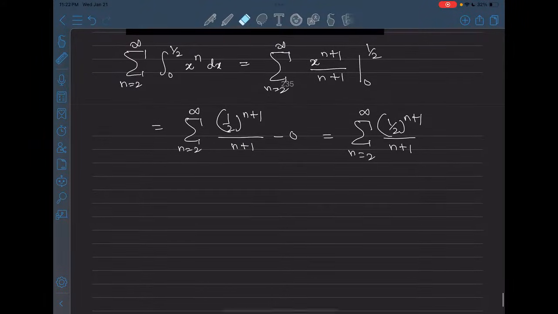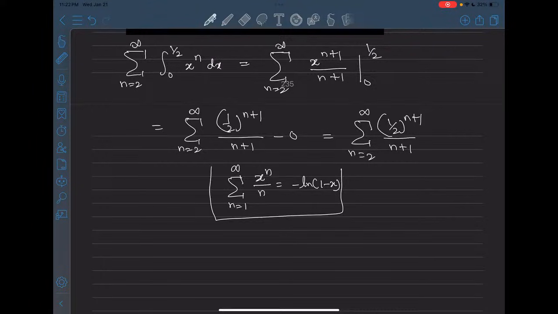Okay, guys. We know that the sum from n equals 1 to infinity of x to the power n divided by n is just minus ln of 1 minus x, right? We know this thing. First of all, we know that x minus x squared by 2 plus x cubed by 3, this sum, is just ln of 1 plus x.